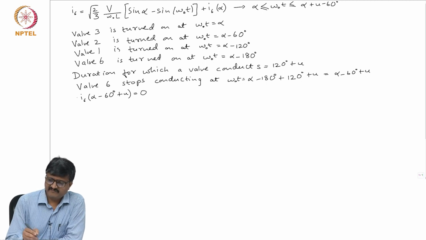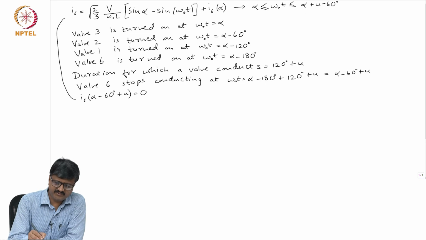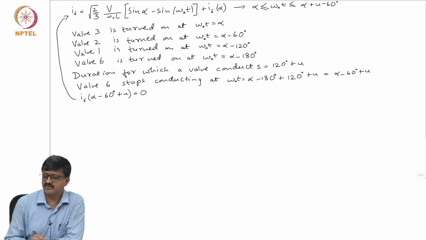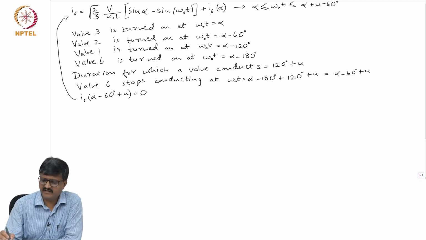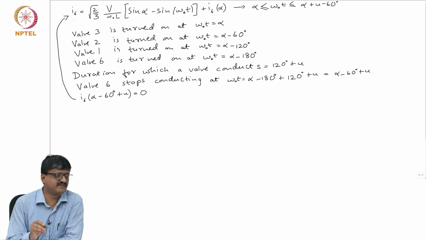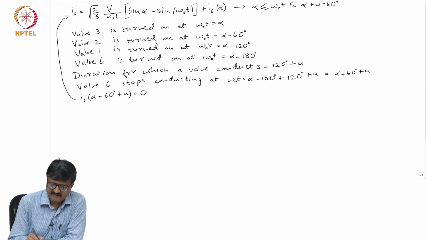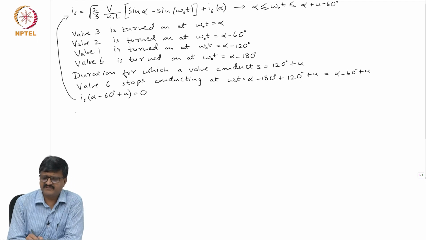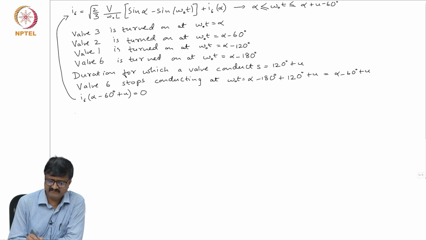So, if I substitute this here, why do I do this? I do this to get the expression for I6 of alpha. Only after knowing I6 of alpha do I have the solution for I6. Till then I do not have the solution for I6. So, wherever there is omega OT, replace it by alpha plus u minus 60 and I6 is equal to 0.